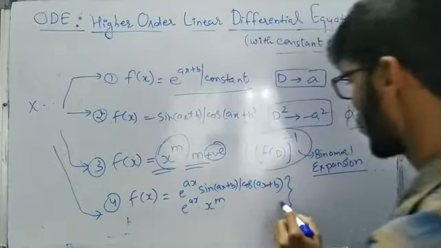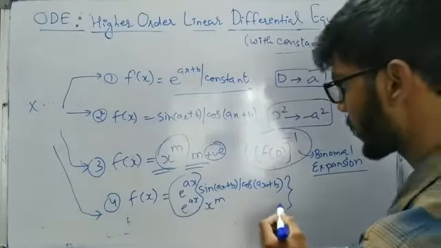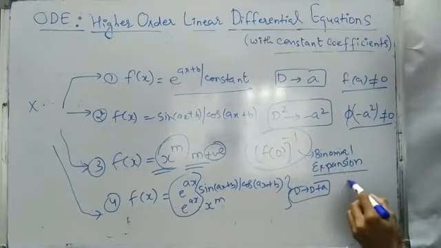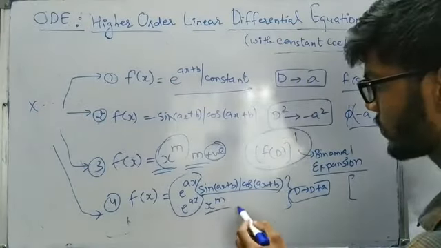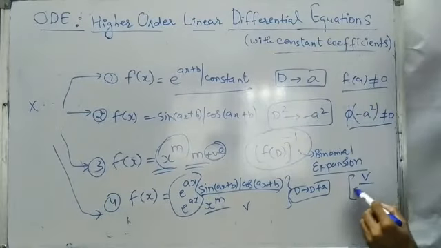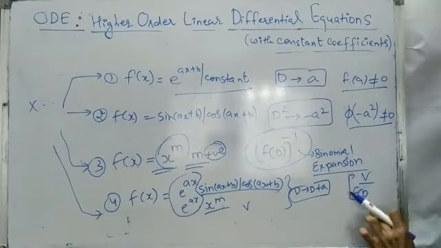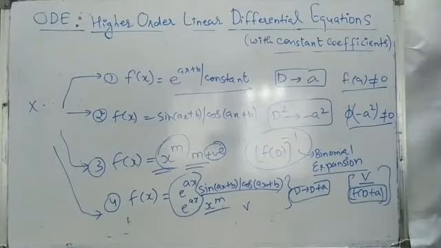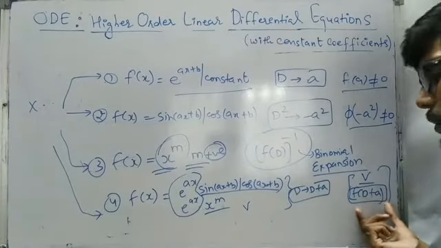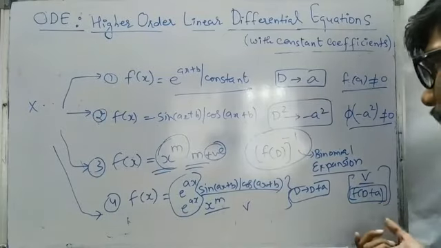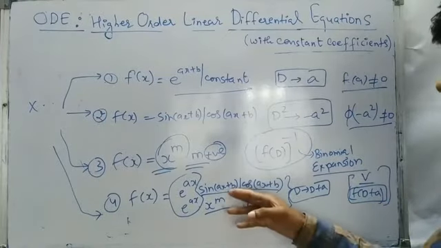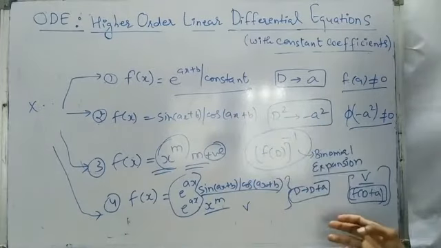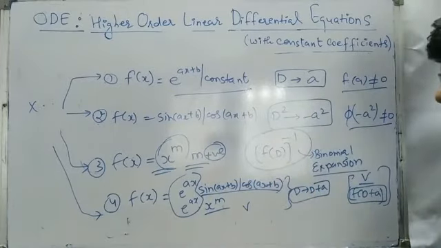So in that case, to take the e power ax term out, we have to replace D by D plus a, and then the leftover term, if we denote it as v, so the leftover term v upon f of D plus a will be left. So this is going to be another polynomial in D, and that we are going to treat as f of D, and then we are going to apply the rules of case number 2 or case number 3, like replacing D square by minus a square or making use of binomial expansion.